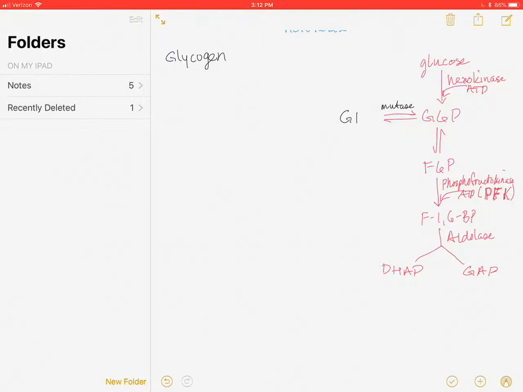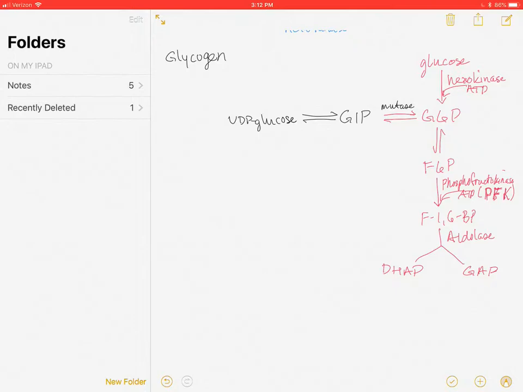So we have glucose 1-phosphate instead of glucose 6-phosphate. Now glucose 1-phosphate is then activated, and it's activated to what we call UDP glucose.